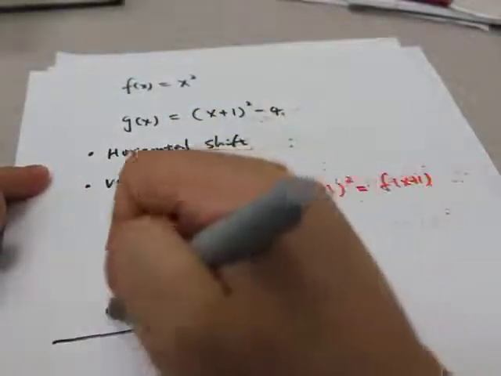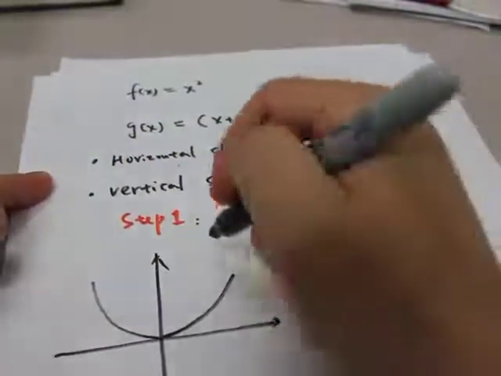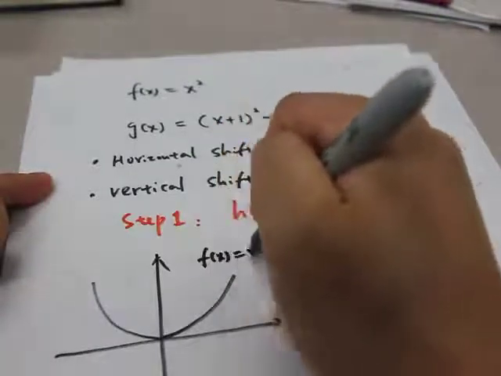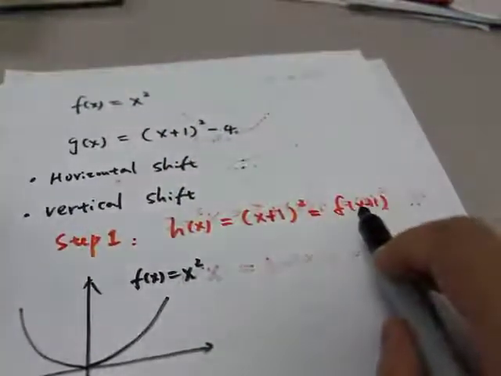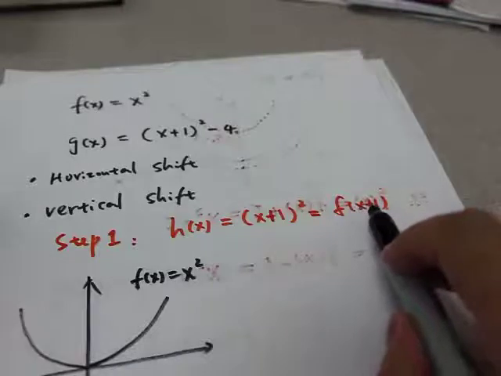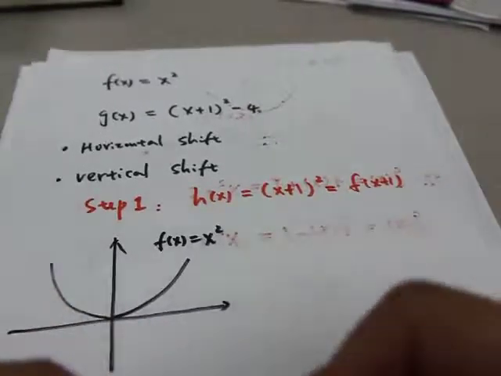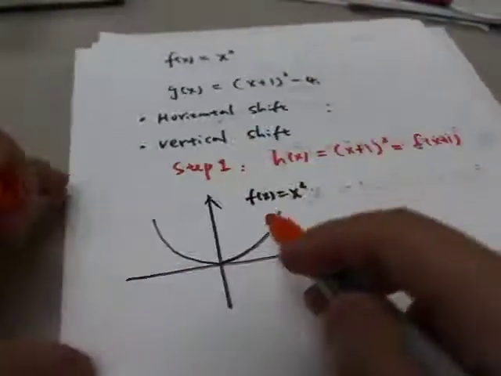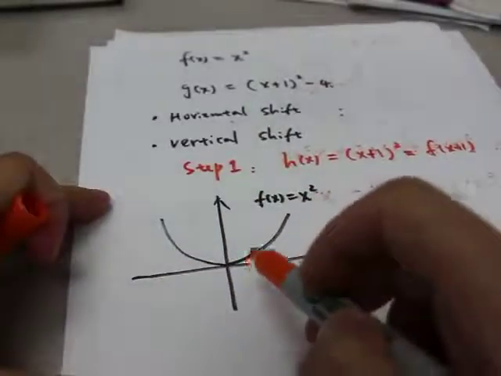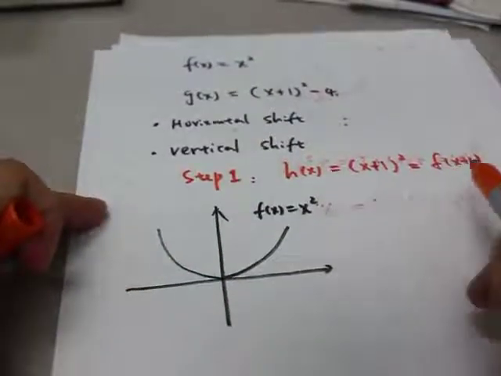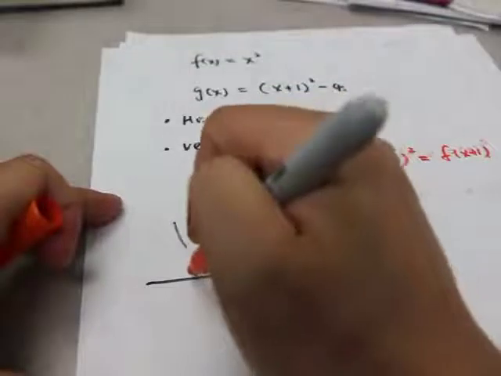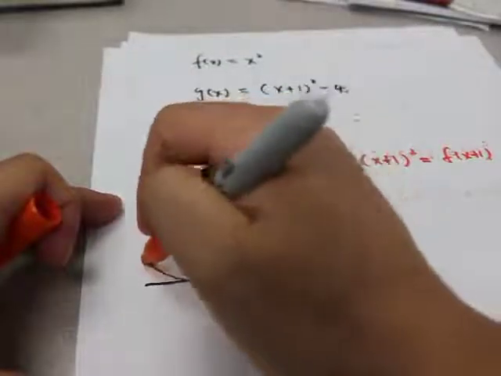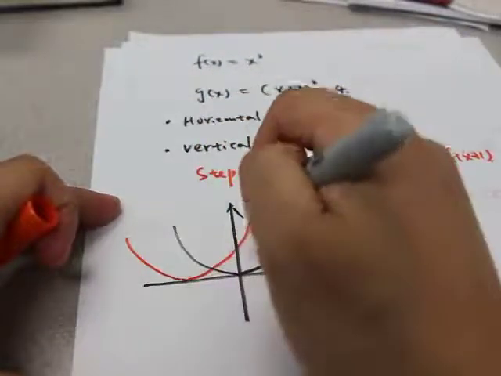So here is my basic function, and because I have x plus 1, I'm going to shift this graph to the left for 1 unit. This is a horizontal translation, so I will get this graph.